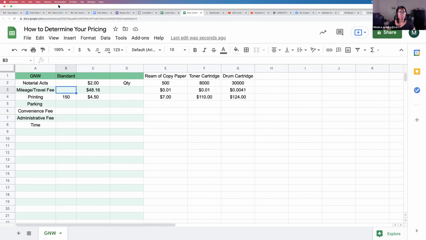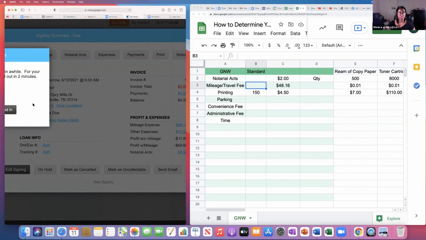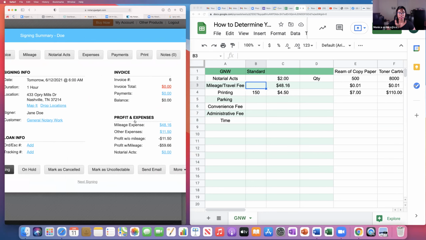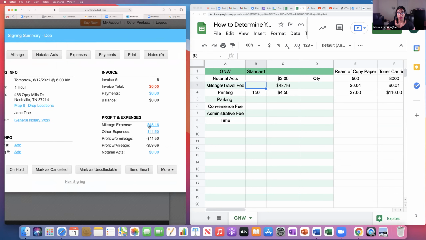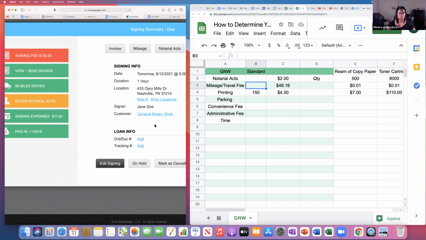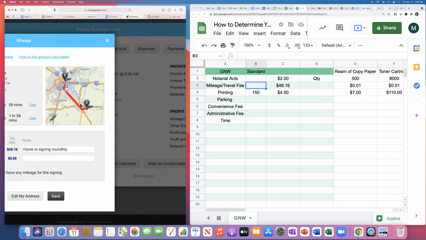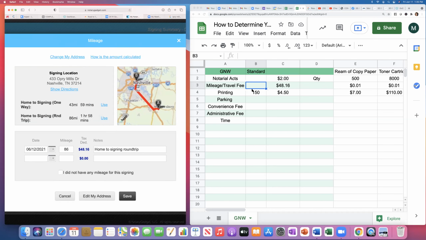So what we're gonna do, let me scoot this out of the way so I can get both screens back up. We're gonna put our pricing in. So we're gonna go back here and put our standard mileage fee of, how many miles did we do there? It was 86.